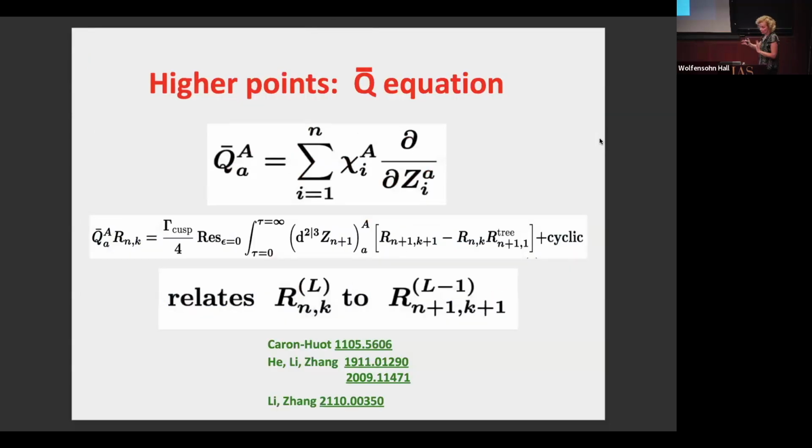Then at higher points, there's something called the Q-bar equation, which relates the remainder function, the amplitude, I'm not using this word, at n, k, l recursively to k plus 1, n plus 1, l minus 1. So there's a well-known recursion. It's called the Q-bar equation, and that's how Song and collaborators are getting the higher-point answers.